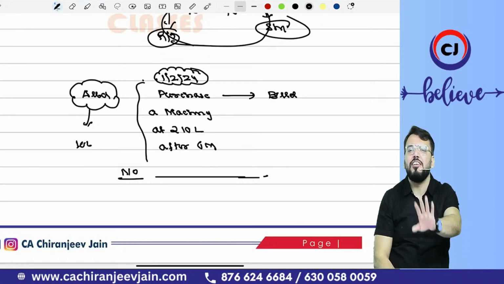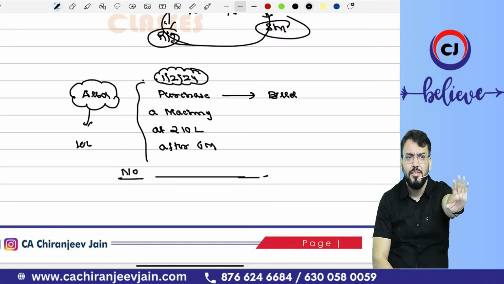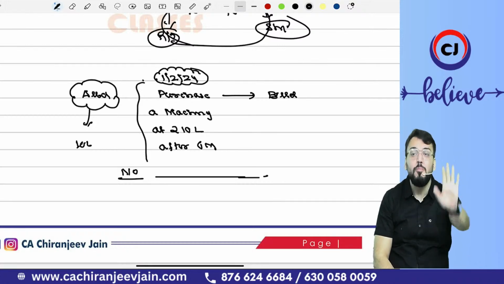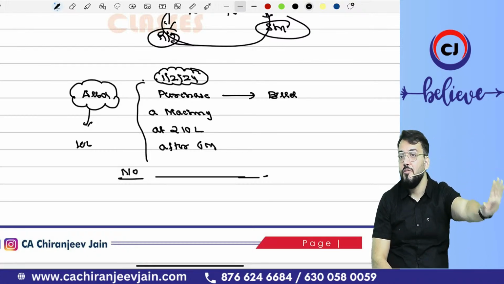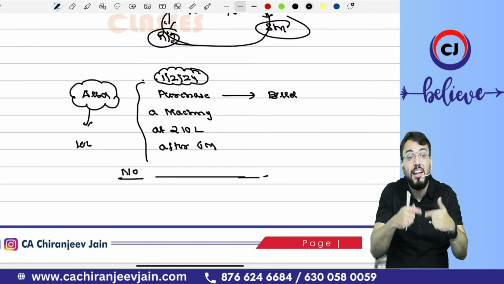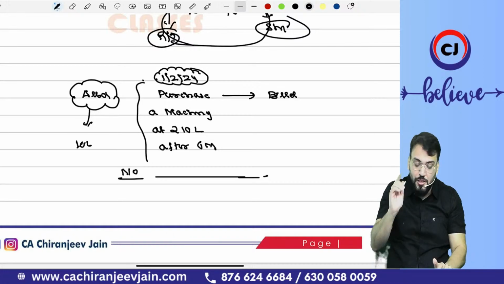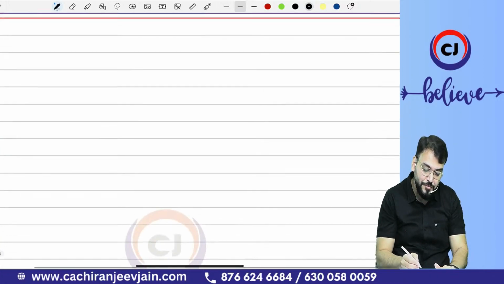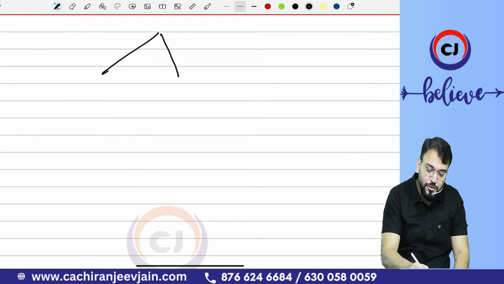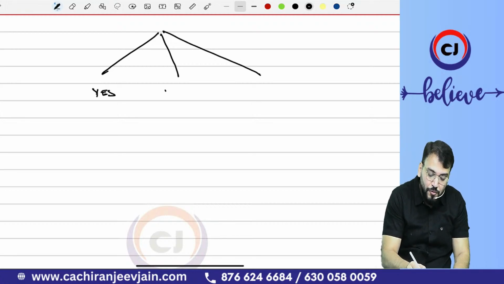Maximum what will happen in class is that you give a wrong answer, and we should always learn from our mistakes. But if you do not answer, how will you understand that you have given a wrong answer? There are three types of students after this question: one gives yes, one gives no, one stays silent.